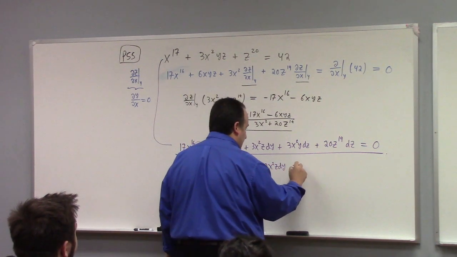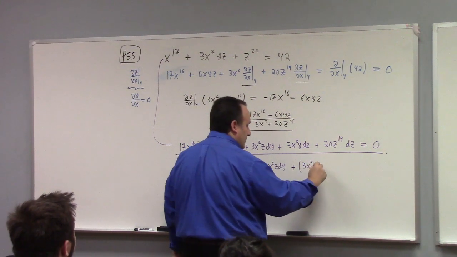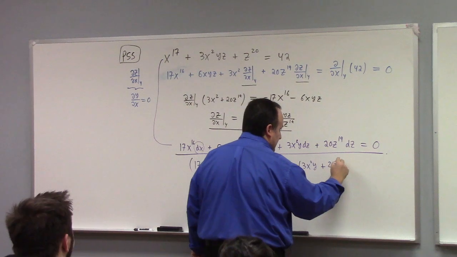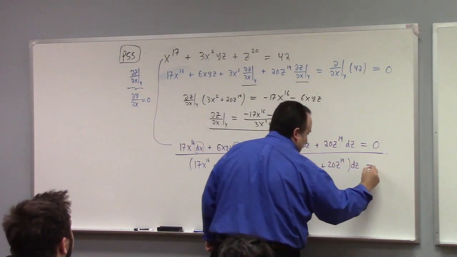And then I've got two dz terms, so I've got 3x squared y plus 20z to the 19, times dz. And that's equal to 0.